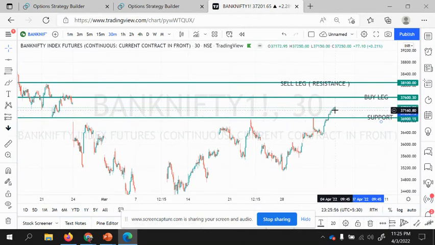So let's assume that during market hours, your price is standing somewhere around 37,600. Let's say you have a bullish market view, that maybe the market will bounce back from here, or it will go until this resistance that is almost 38,100.